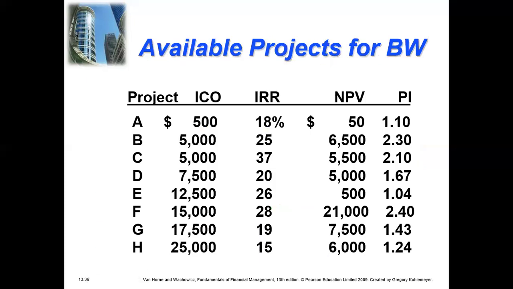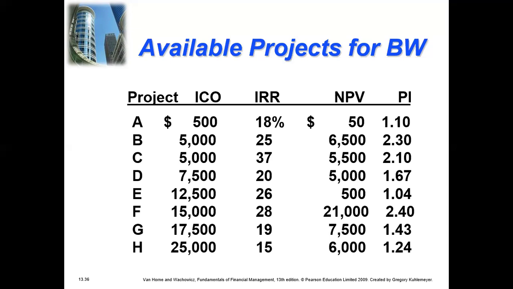If you see on the screen, these are different projects available for investment for this company. These are 8 different projects, A, B, C, D, E, F, total number 8 projects. And ICO means initial cash outflow, initial cash outlay.